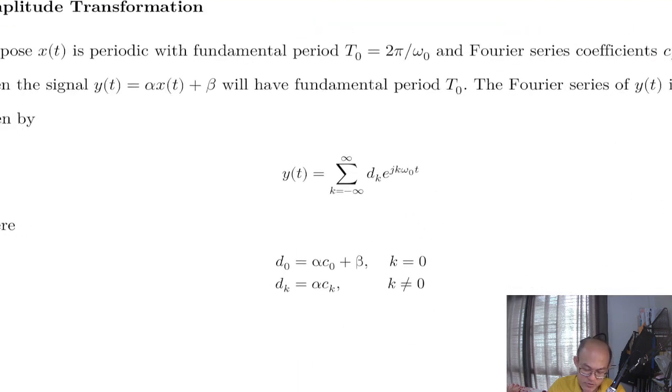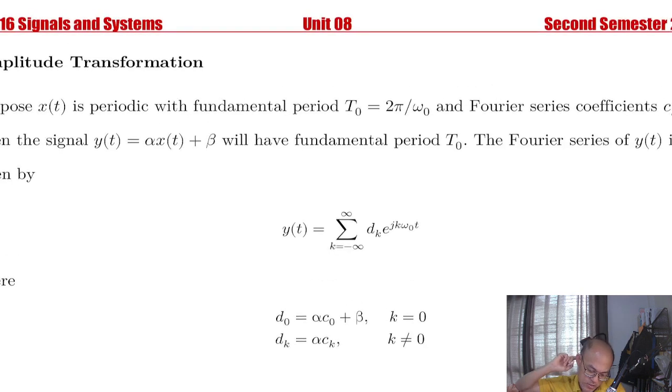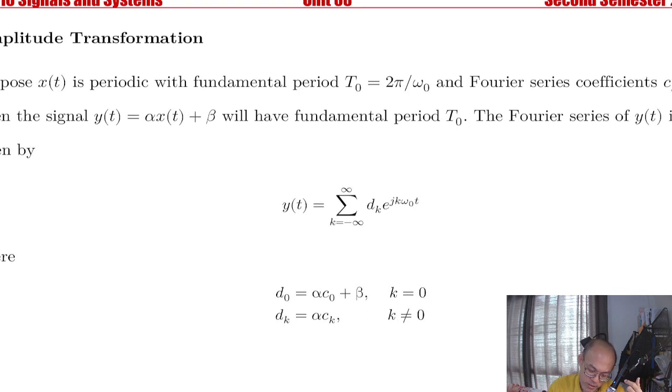And as for amplitude transformation, okay, if y is alpha x plus beta, where alpha and beta are constants, then the Fourier series coefficient of y when k is 0 is just the linear combination here. Same here, right? Alpha and beta are the same, except that you plug in c0.